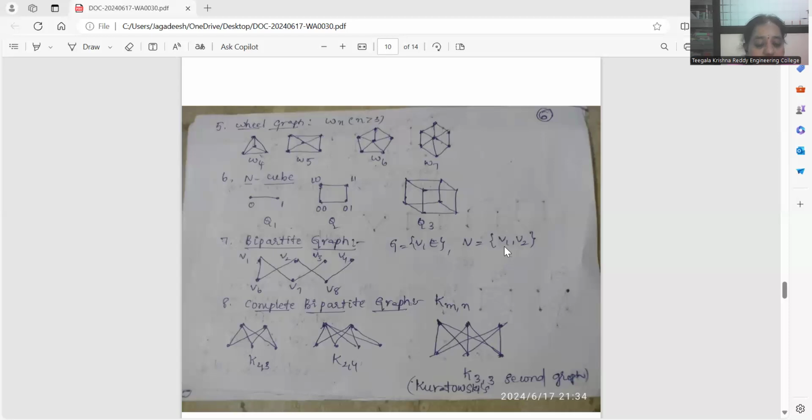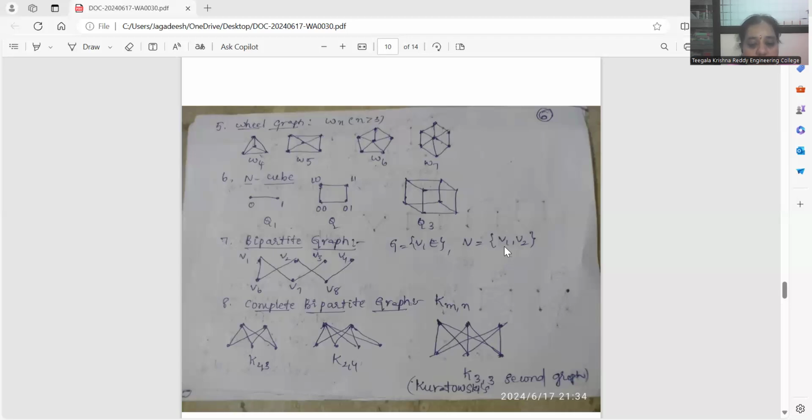So take K23, the complete bipartite graph, in which the first vertex set has two vertices and the second vertex set has three vertices, and each vertex in the first set is connected with every vertex in the second set. Similarly K24 and K33.